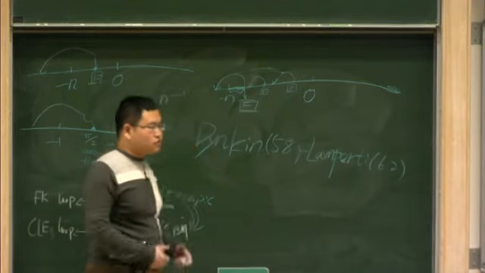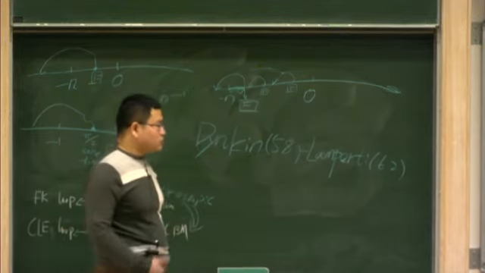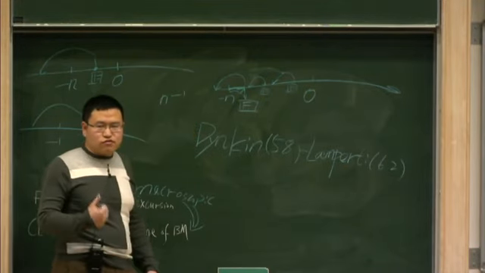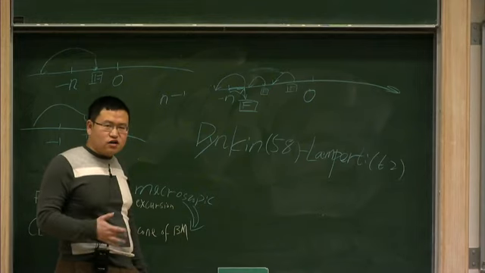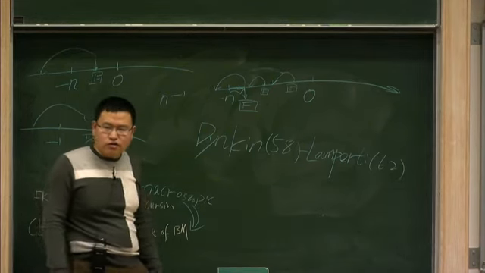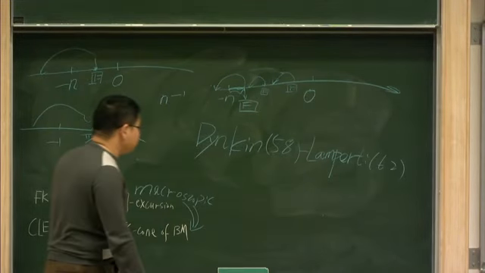This result is similar to something like if you want your random variable to be in the attractable domain of a stable process, this random variable has to have a regular varying tail. They're in the same flavor.